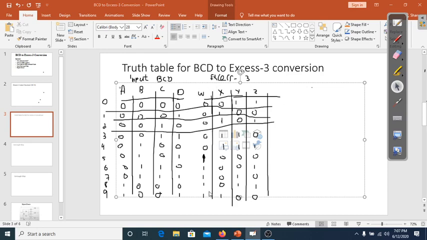You can consider each as a function of the inputs A, B, C, D, with min terms corresponding to these inputs. So we will use the Karnaugh-Map to simplify the function W.